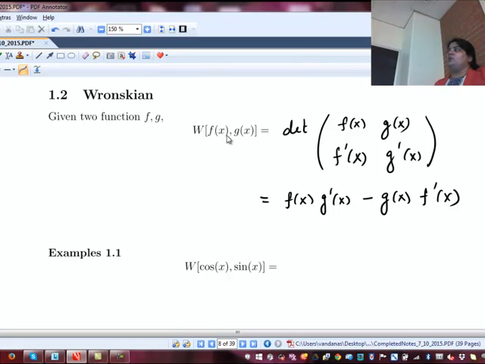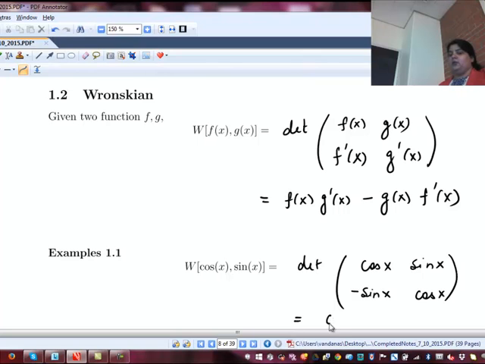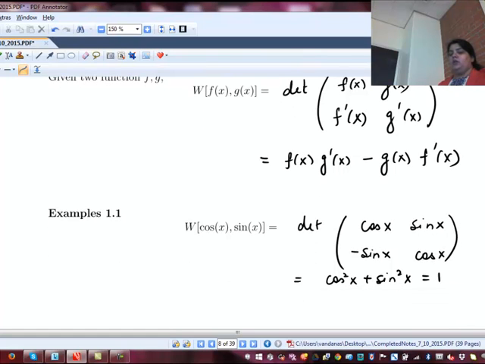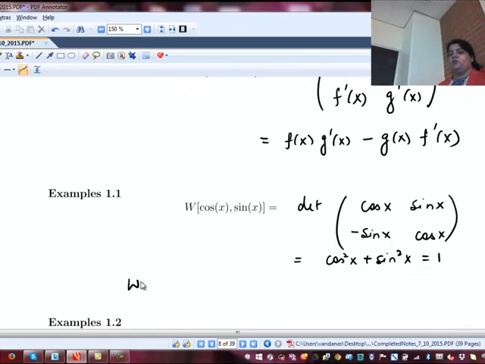But we will see one more feature here. If I try to find the Wronskian of cosine and sine, I will get cosine x sine x minus sine x cosine x, and then it will be cosine square x plus sine square x, which is 1. Now you compute the Wronskian of sine and cosine x.